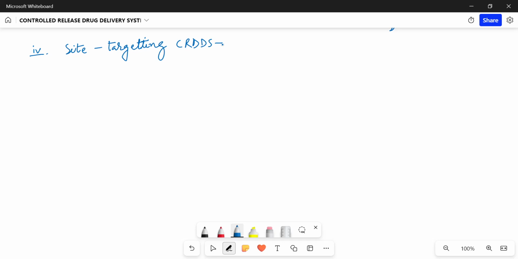In this type of system, the release of drug or the release rate is controlled to target the tissue, not the transport path.